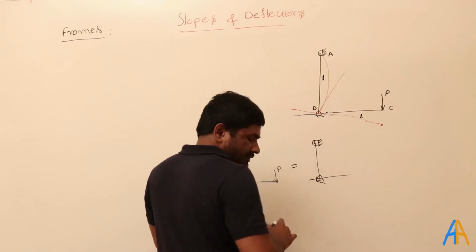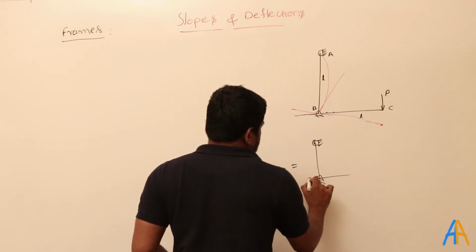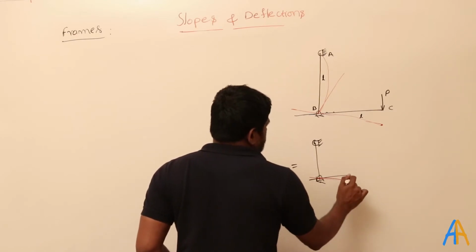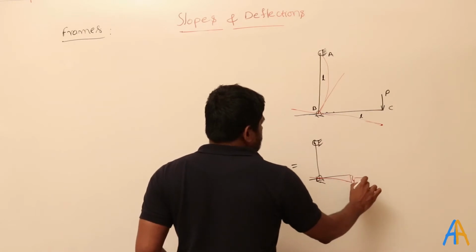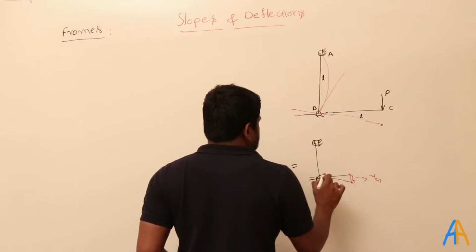Because of that, what happened? It will come from here to here. This is called YC1. From here to here, it is YC1.